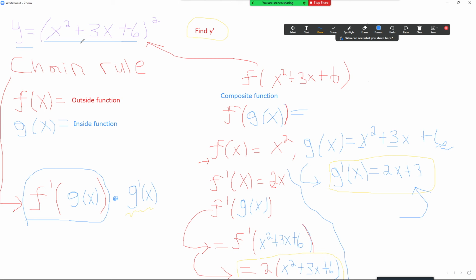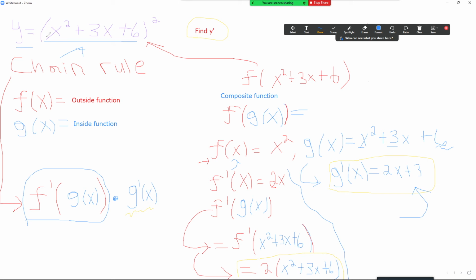So you kind of have to go back in time a little and say, well, what was here before it was this? I saw that the parentheses is being squared, so the outside had to be a formula of x squared. Because if you substitute x squared plus 3x plus 6, you will get the whole thing here.